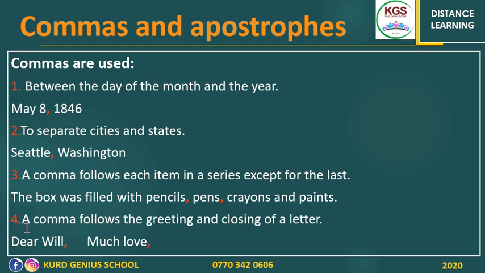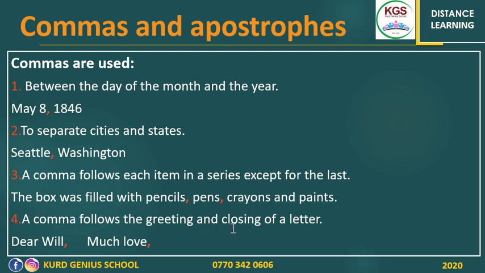Number four, a comma follows the greeting and closing of a letter. When we write down a letter, we have two things: greeting and closing. In the greeting, when you say, for example, Dear Tom, Dear Annie, you write down the name of your friend, and after that greeting, you put down a comma.